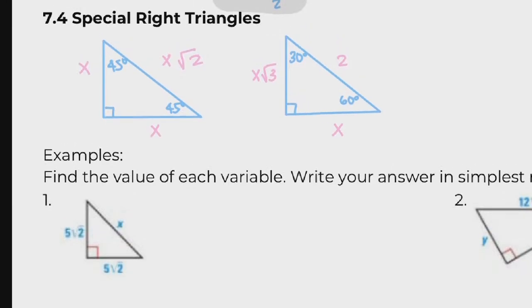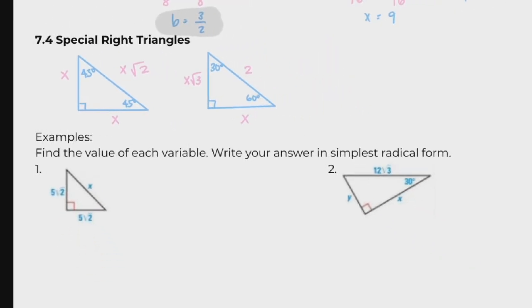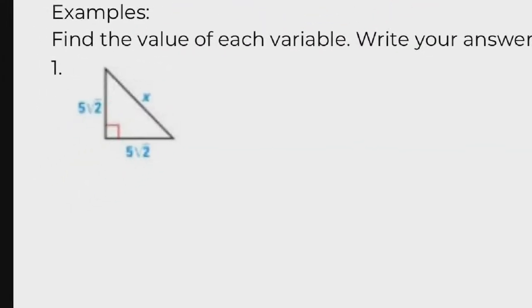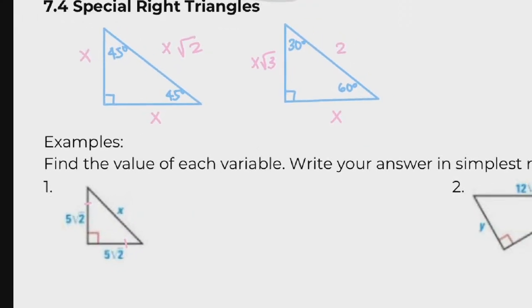So you want to find the value of each variable and write the answer in simplest radical form. So for number 1, since both of these are the same, they're both 5 rad 2, that means we're going to be using the 45, 45, 90 triangle.